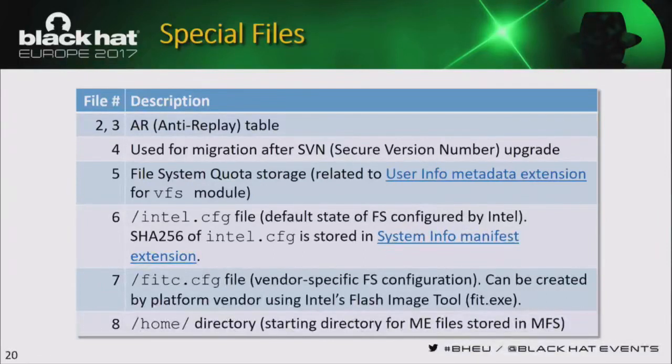It has a hash stored inside one of the records within the header of the code partition directory in the ME region, and any manipulation of this file will lead to an inability to boot, so the management engine will not work properly. But this file could be manipulated in any way. Again, Flash Image Tool could be used for that. And I will discuss the internals of that file right now.